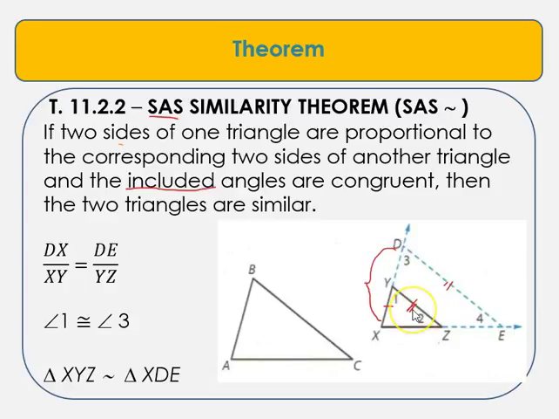So now you have two sides that are congruent, and the angle in between, angle 3 and angle 1, are congruent. And how do we know that? Well, we drew sets of parallel lines, and these are corresponding congruent angles. So we can now state that triangle XYZ is similar to triangle XDE.